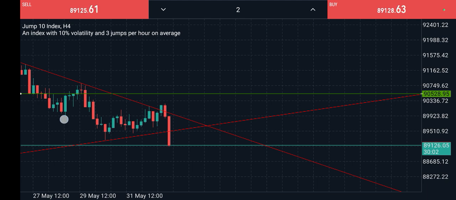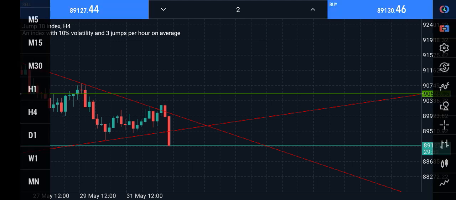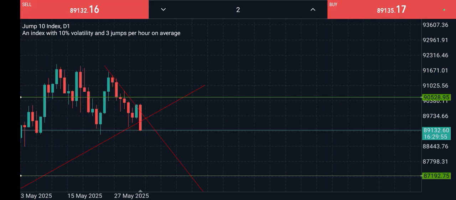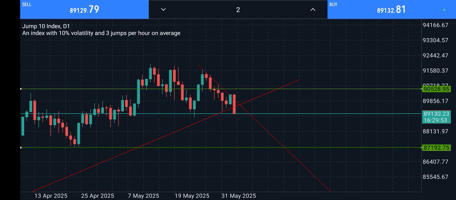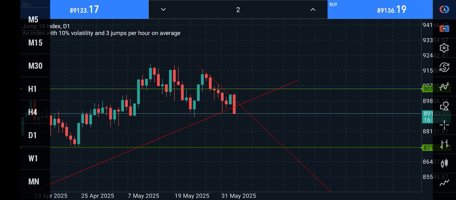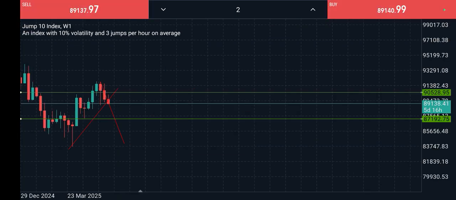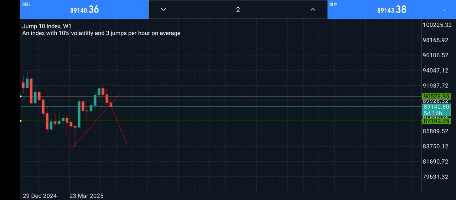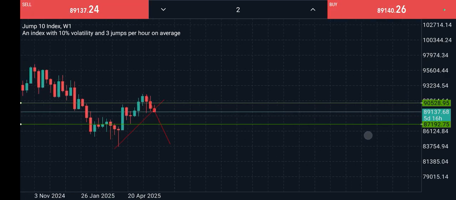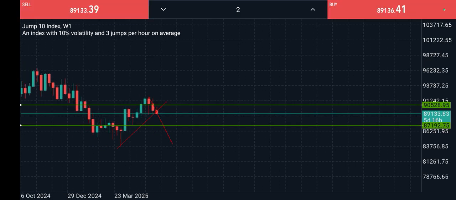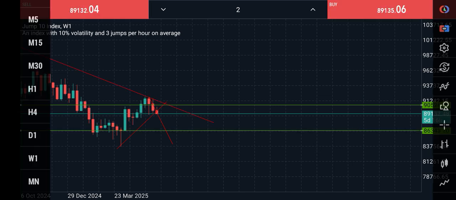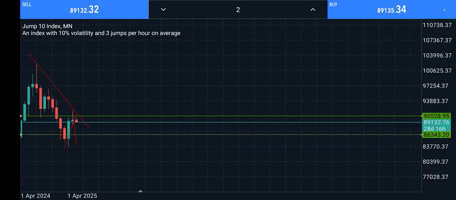So we're talking about the daily, each candle here spent a day to form, and the weekly, each candle here spent 1 week to form. Then this is monthly, MN.